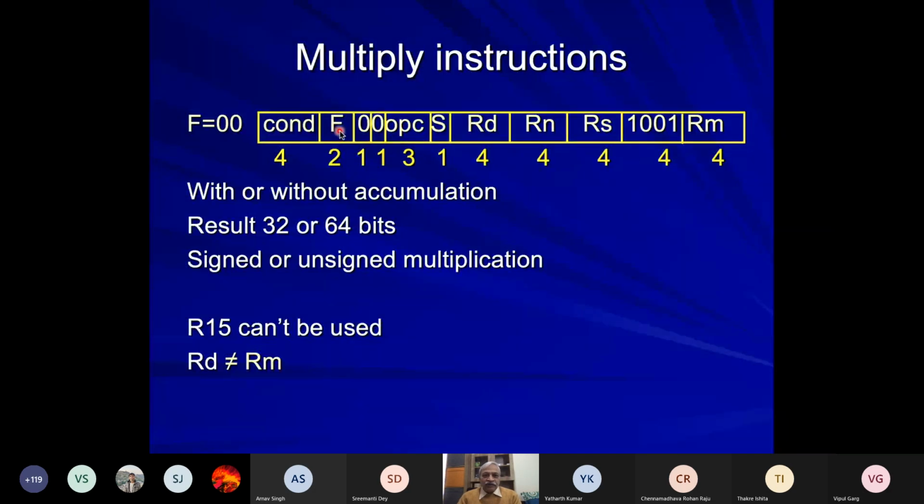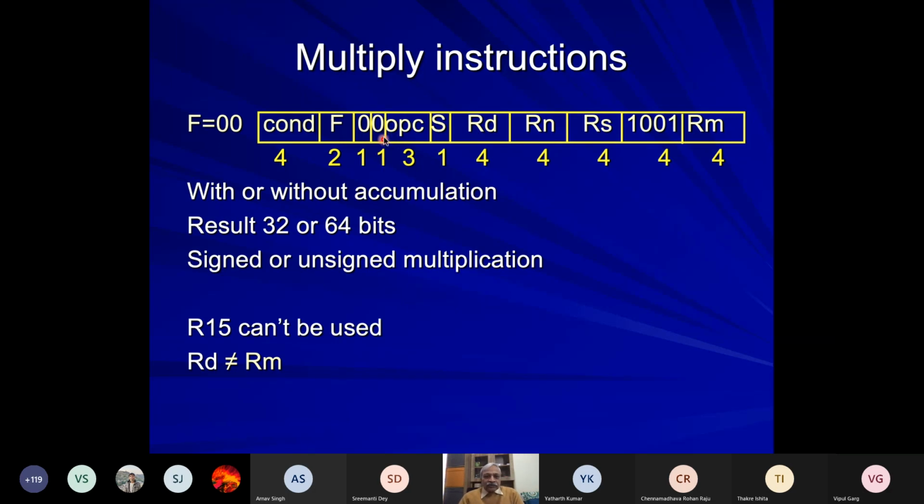So format is still 00. It has 3 registers involved: destination, and Rn is the first operand, first multiplicand. Rm you can take as the multiplier. Rs is required for multiply accumulate instruction, otherwise it is kept as 0.